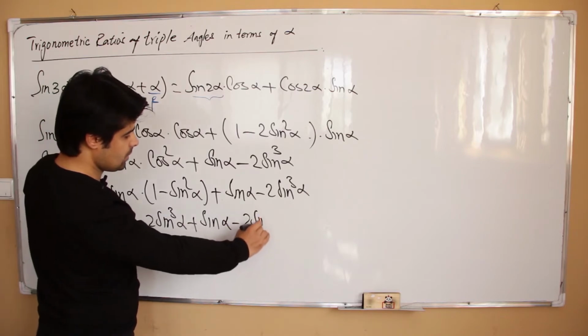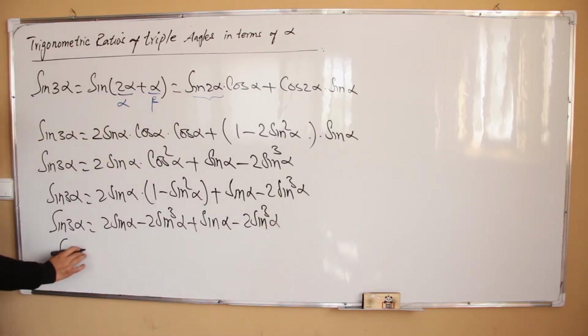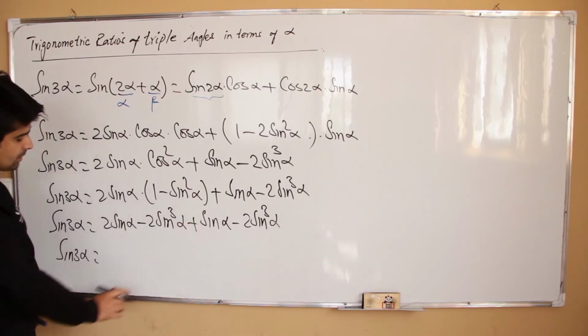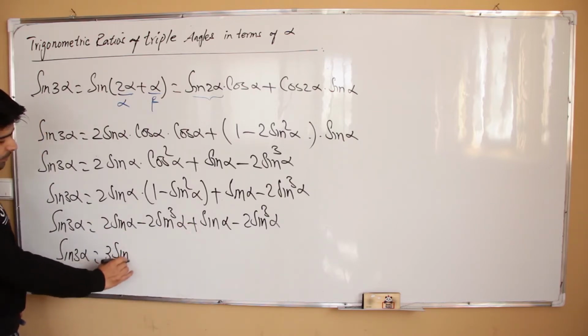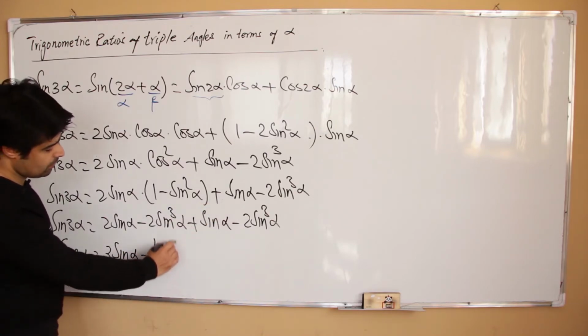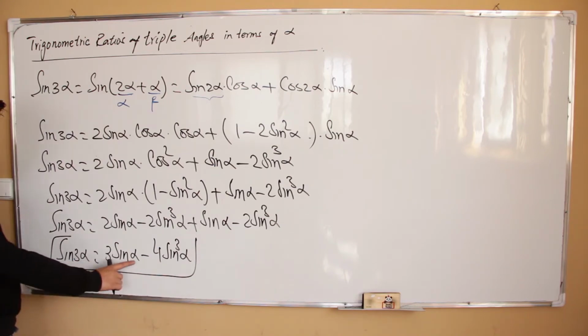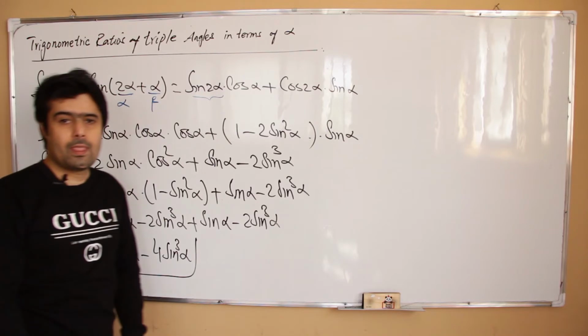Minus 2 sine cube of alpha. So sine of 3 alpha is 2 sine alpha plus sine alpha, it is 3 sine of alpha, minus 2 sine cube, it is 4 sine cube of alpha. Now this is the formula for triple angles in terms of its angle.